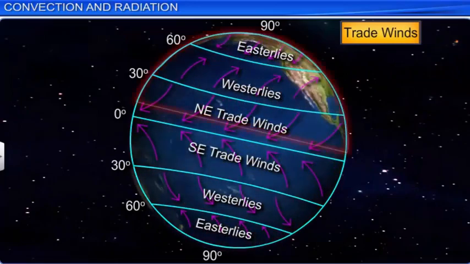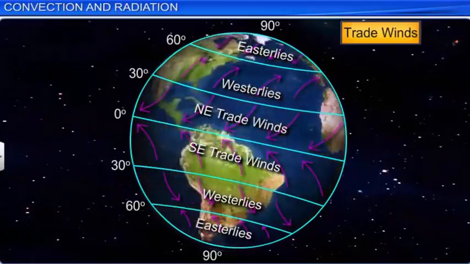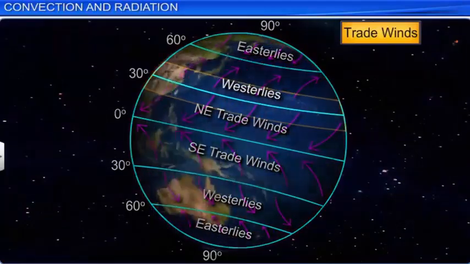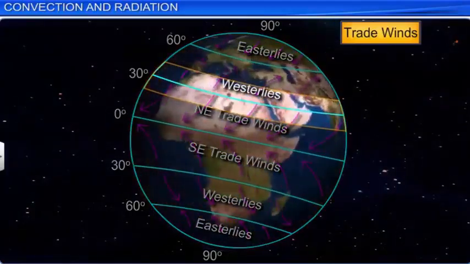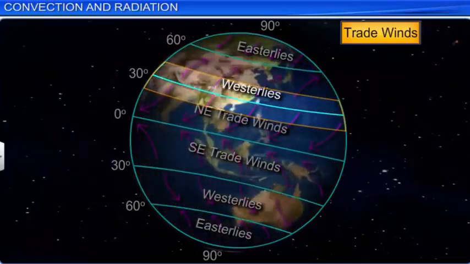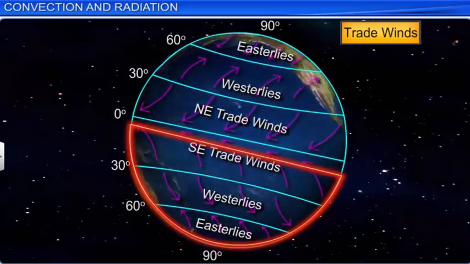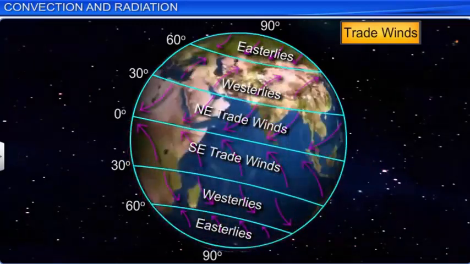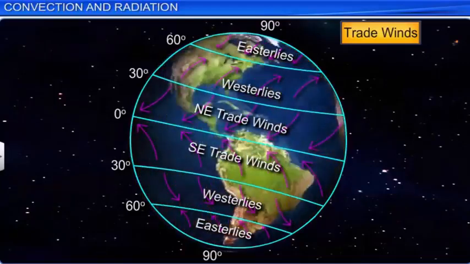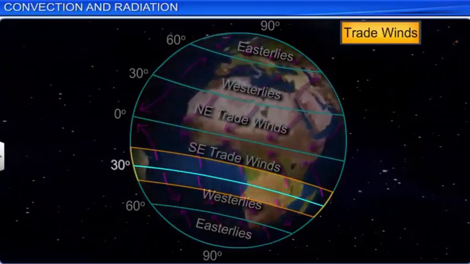In the northern hemisphere, instead of descending at the North Pole, the air descends at 30 degrees north latitude and moves towards the equator. Similarly, in the southern hemisphere, instead of descending at the South Pole, the air descends at 30 degrees south latitude and moves towards the equator.